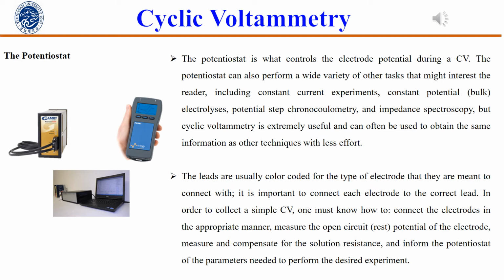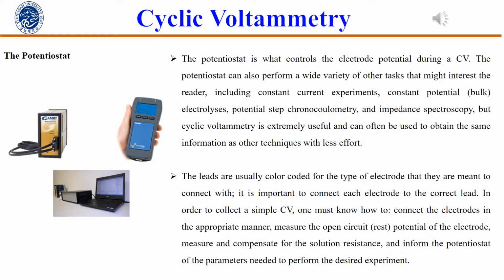The leads of the potentiostat, that means the wires connected to the potentiostat, are connected to the electrodes of our electrochemical cell. We need to know the proper connections of the potentiostat.